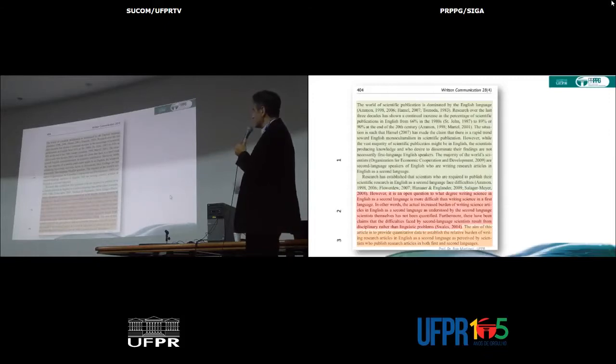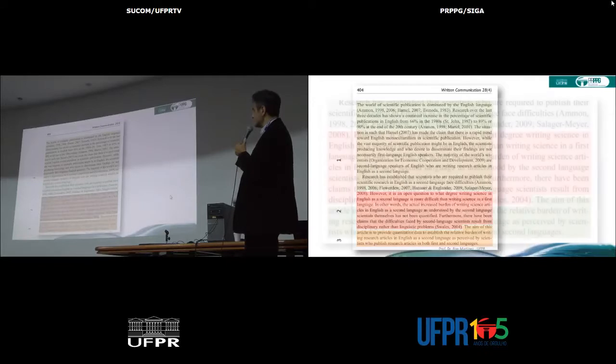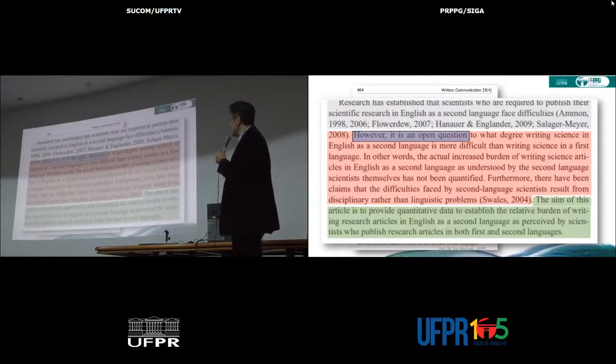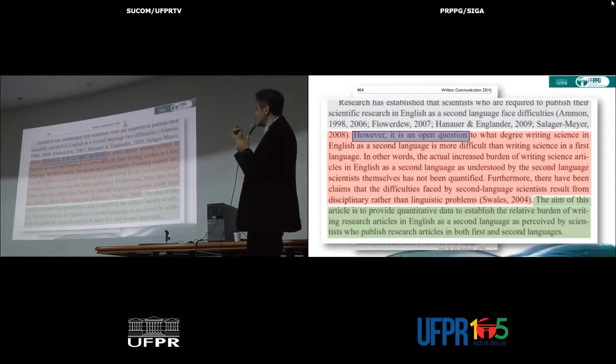Here, for example, you'll see articles, hopefully, with these colors. Just like this. And begin to highlight these little phrases that signal these moves.